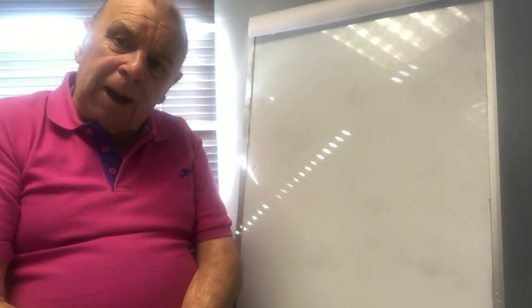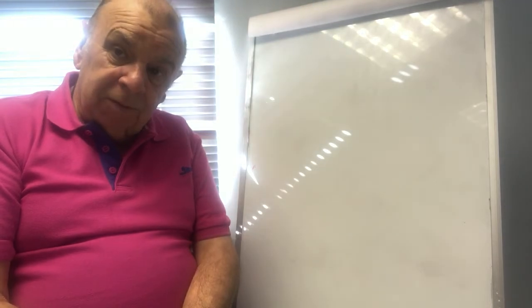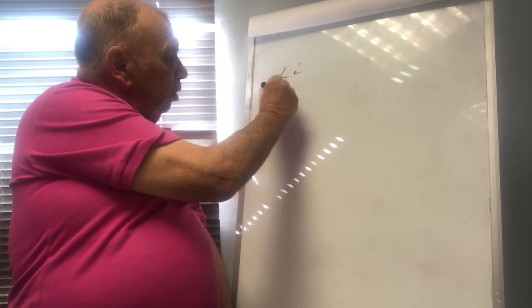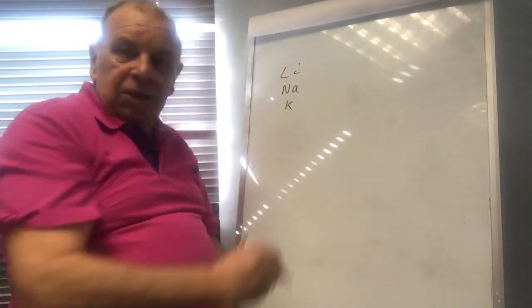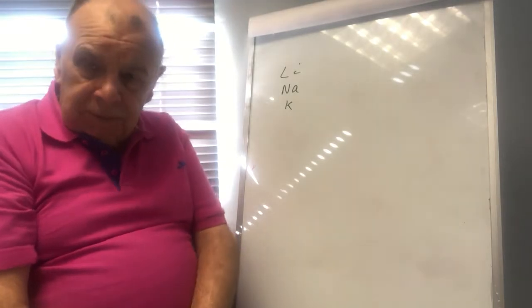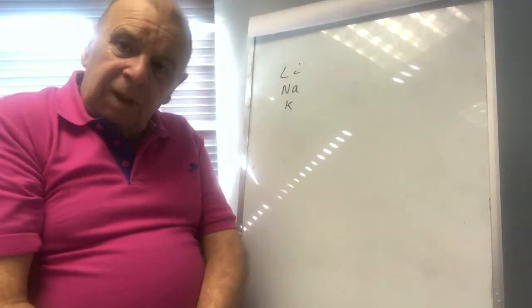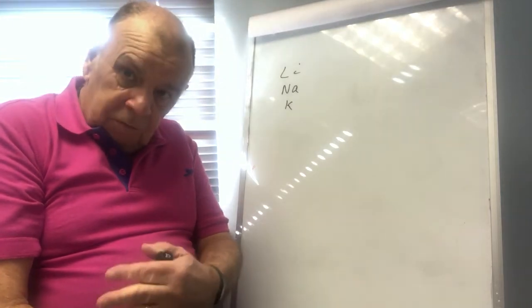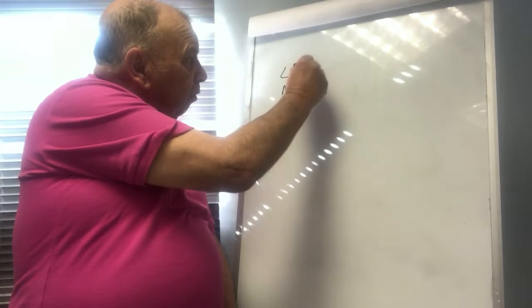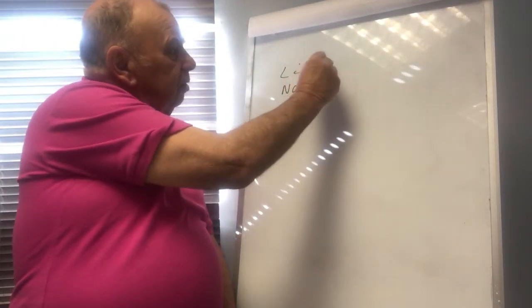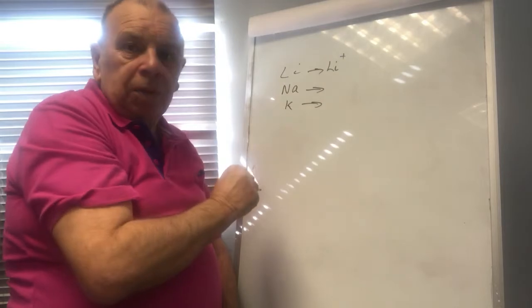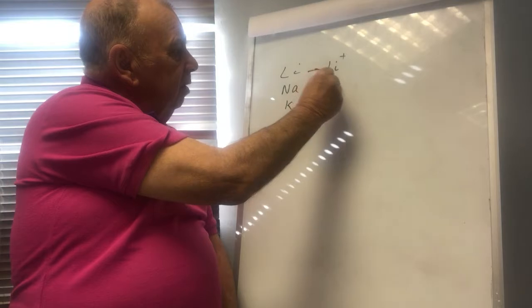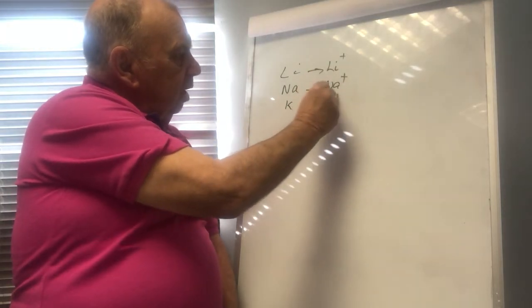I said in the past that elements found in group 1, lithium, sodium, potassium, for example, they are found in group 1 because they have a valency of 1, and they form ions, lithium Li+, I haven't written the 1 but it's the same as Na+, K+.